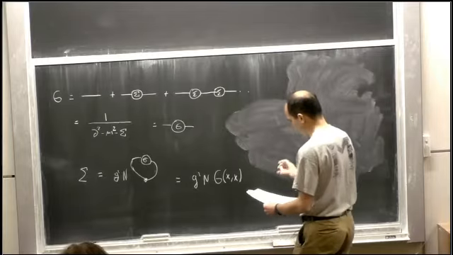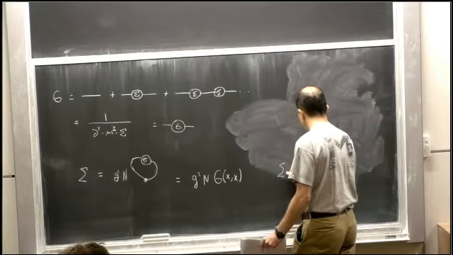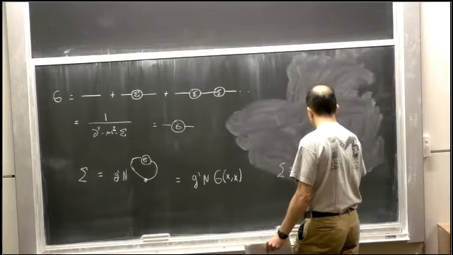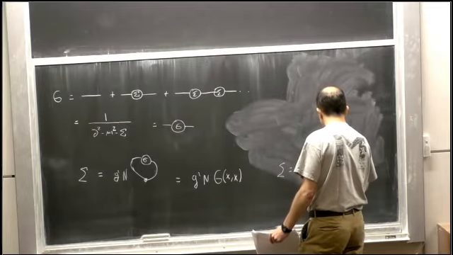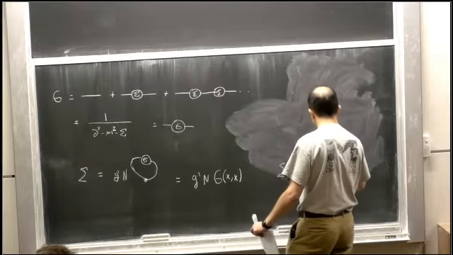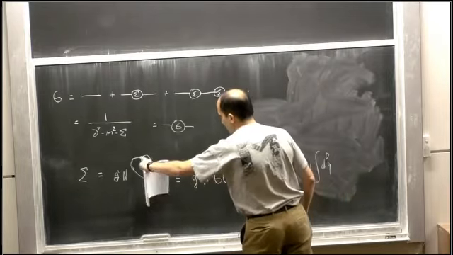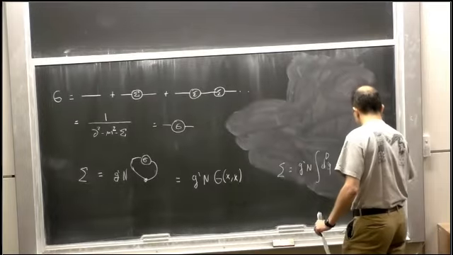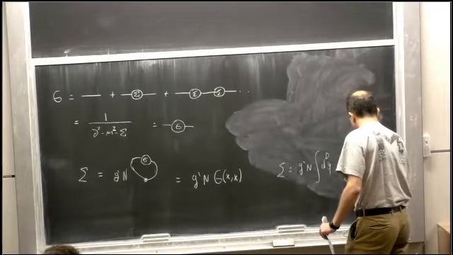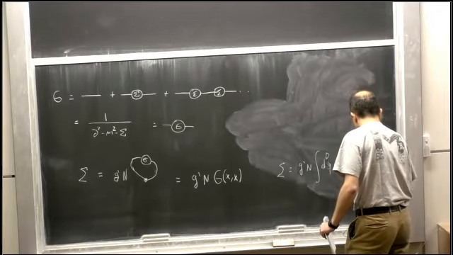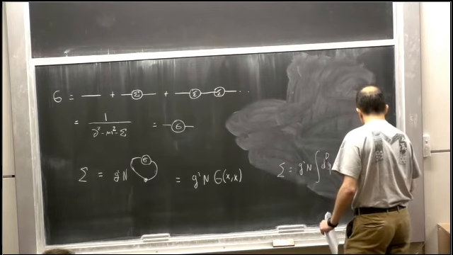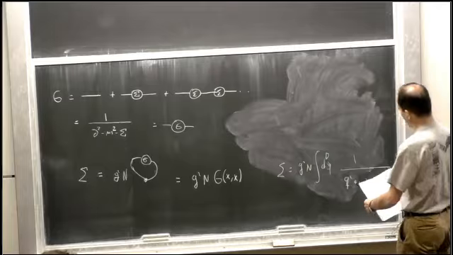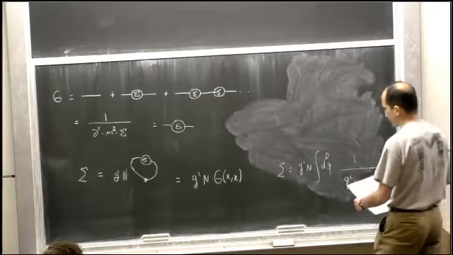Right, so in momentum space we would write sigma equal to g squared n, and then integral, let's say, d^d q, in any dimension, of the momentum propagating here, and then this is 1 over q squared plus m squared minus sigma of q. Now, you see that this is sigma of k.